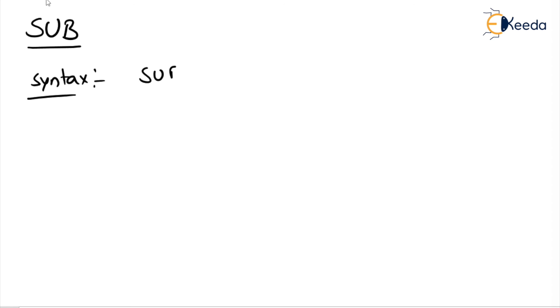Next, the third one is subtraction. The instruction is SUB. The syntax is SUB destination, source. Suppose SUB CX, BX.